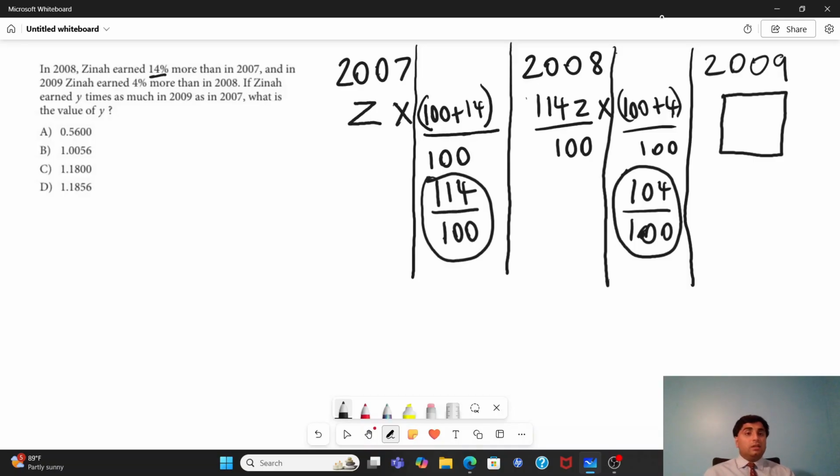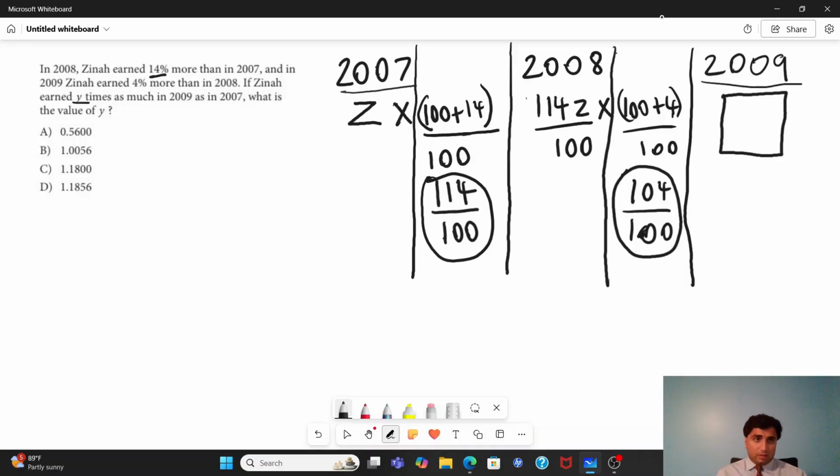We have been told that Xena earned Y times as much in 2009 as compared to 2007. So that amount is going to be equal to Y. So Y is going to be equal to Z multiplied by 114 over 100 multiplied by 104 divided by 100, which is the amount earned in 2009.